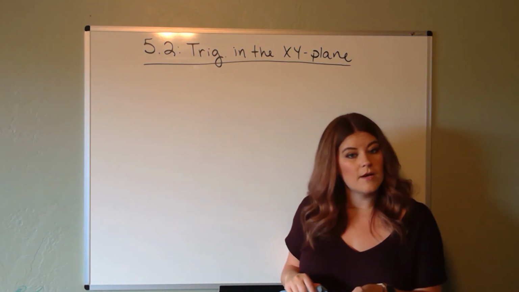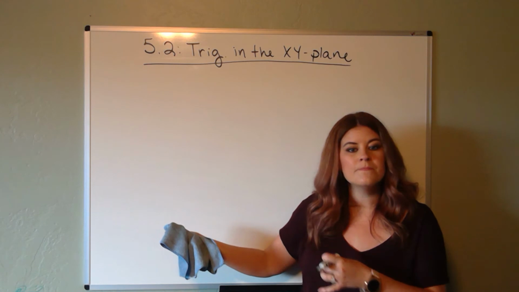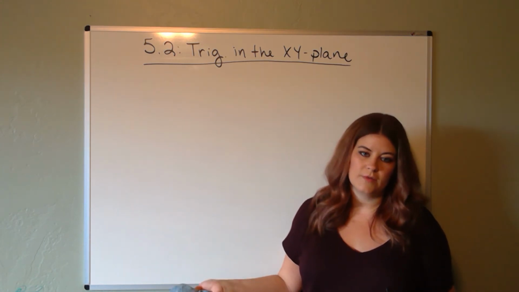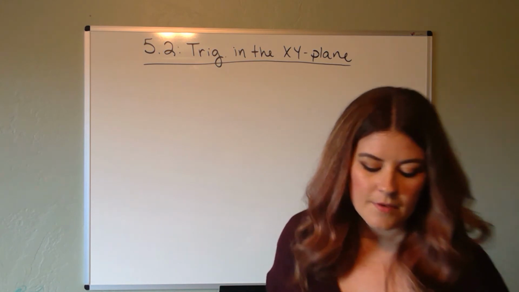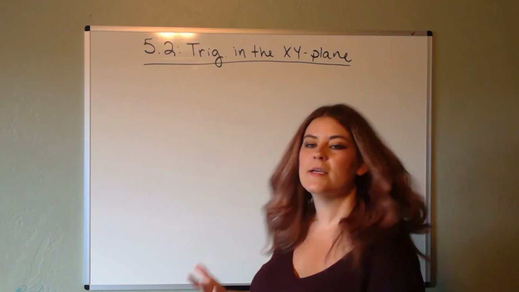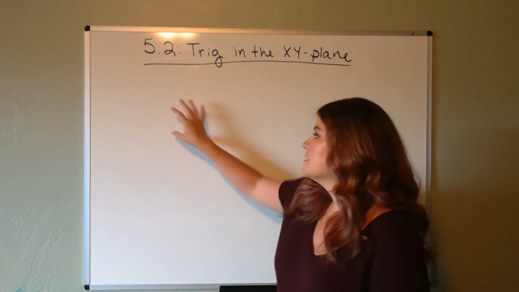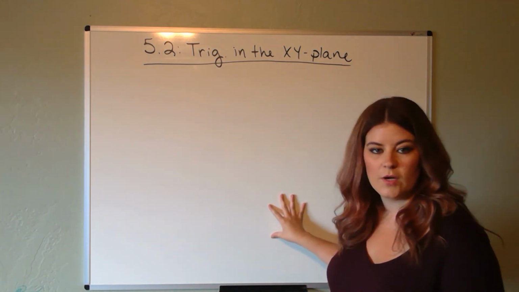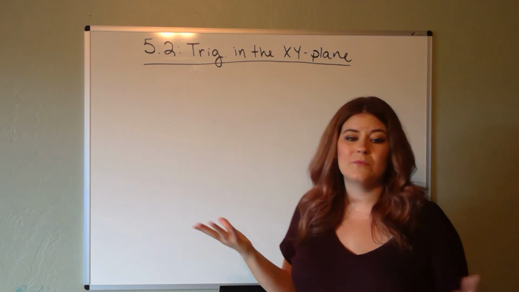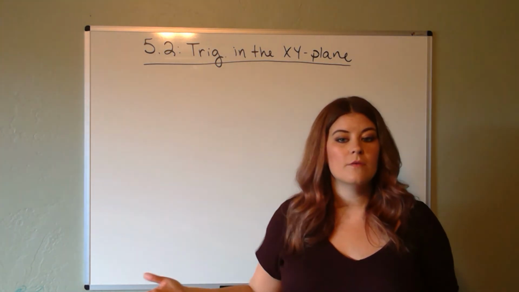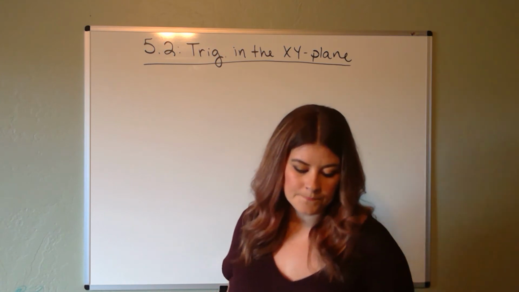Your r will still turn out positive because of the squaring, right? And then just use that x, y, and r to find all your other ratios. So, what's nice about x, y, and r is that you can find these angles that are in different quadrants, because x and y can be positive, they can be negative. It really doesn't matter. X, y, and r ratios are still always the same.